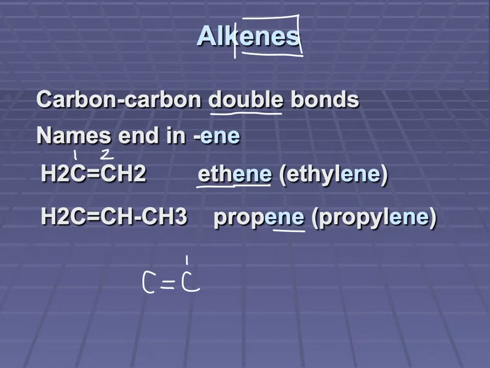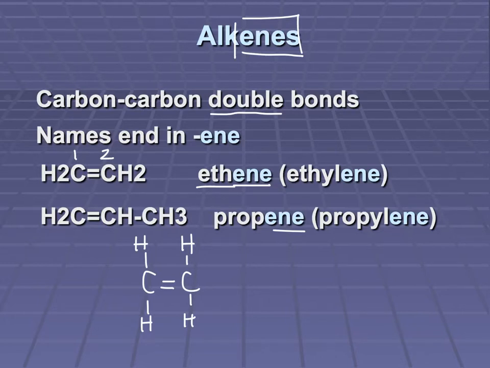So you make sure each carbon has 4 bonds. So by adding in a double bond, that means that it decreases the number of hydrogens, because carbon can only have 4 bonds coming off of it. And then, of course, if you add in a triple bond, then it decreases the number of hydrogens even more.